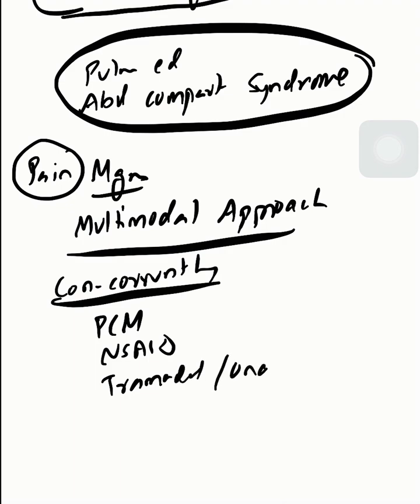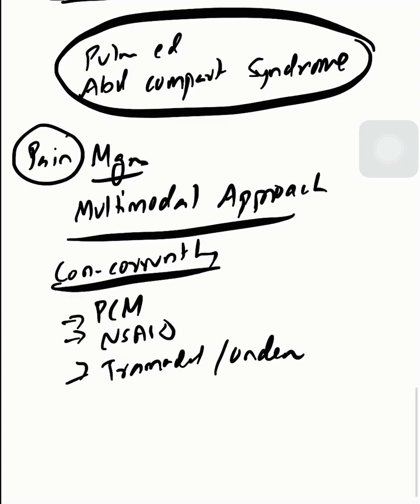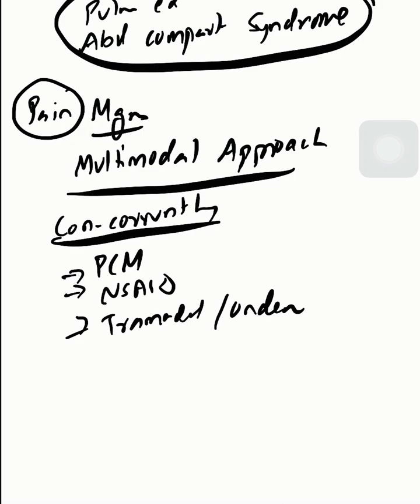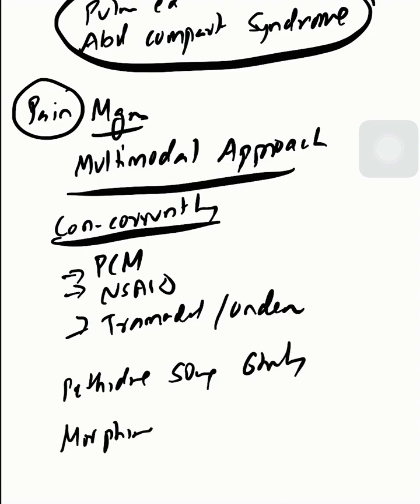We give these three concurrently, and if the pain is severe or not relieved, we can give pethidine 50 mg 6 hourly, or morphine 5 mg every 4 hours. Along with that we can give these as well.